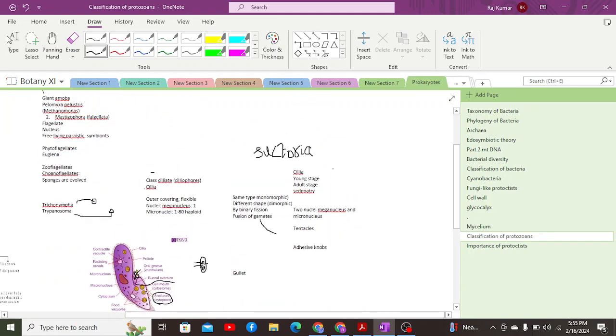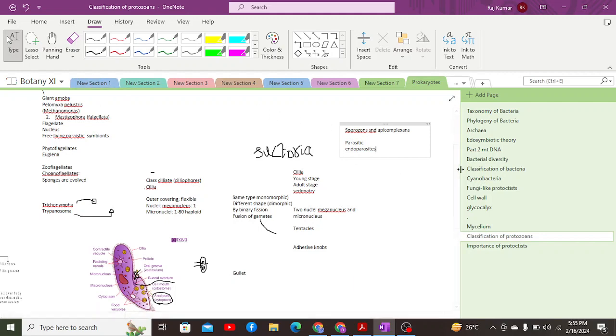Apart from that, our last class is the Sporozoa, sporozoans, and we also call them apicomplexans. These are all parasitic, and they are endoparasites.